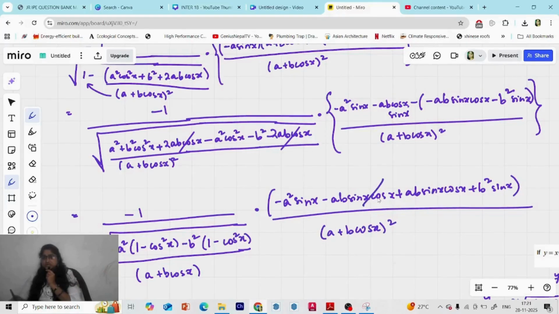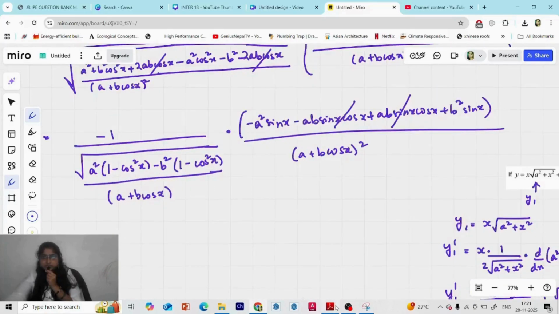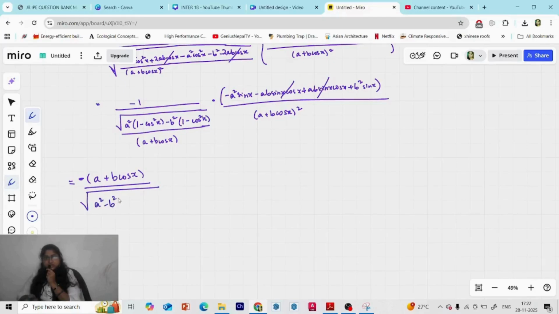Okay, so you can see these terms are gone, and now what are we left with? And so this goes to the numerator, correct? This goes to the numerator. It will become a plus b cos x whole minus, and under root, this is actually a square minus b square into 1 minus cos square x, I can write it this way, into, and what is this?